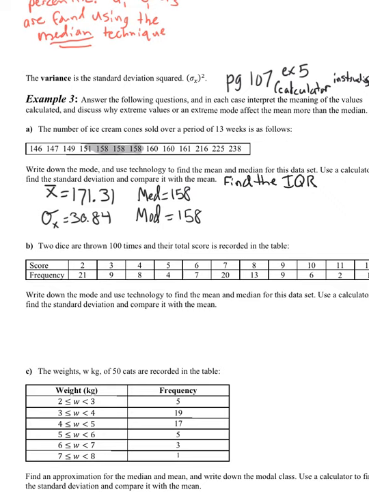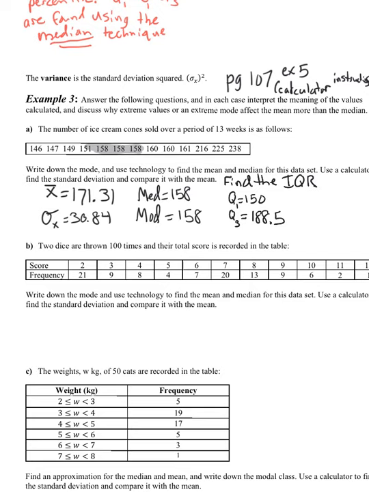Okay. So I know that the Q1 is 150 and Q3 is 188.5. So what would my interquartile range be? Okay. 150 to 188.5.